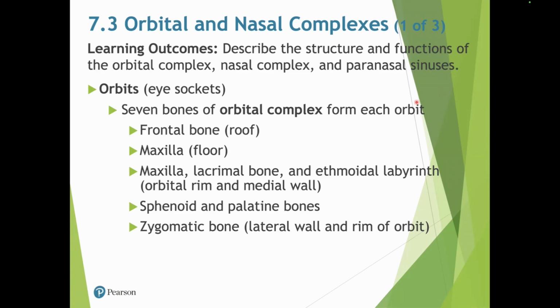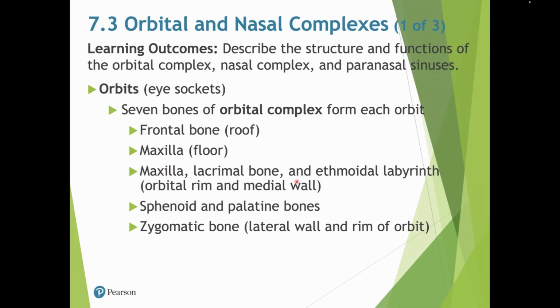So as we finish up, we're going to finish up going over the orbits, okay, the eye sockets, and how those bones go ahead and form that eye socket. You have 7 bones that form that orbital complex. The frontal, which is the roof, maxilla, the floor.